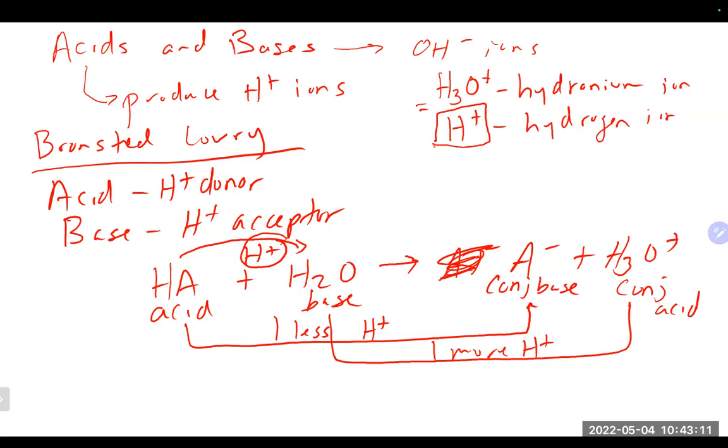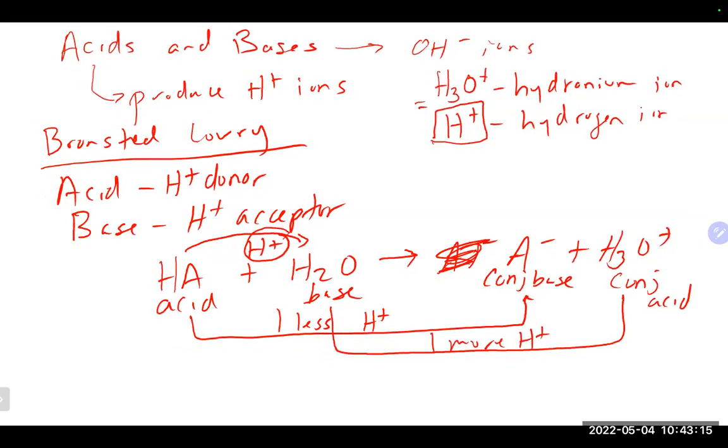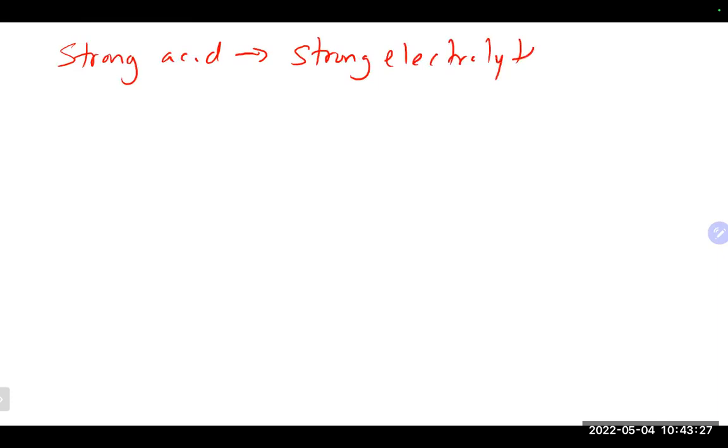We also talked a little bit at the end there about the strength of acids and bases. If we have a strong acid, it is a strong electrolyte, which means it will 100% break apart into ions.